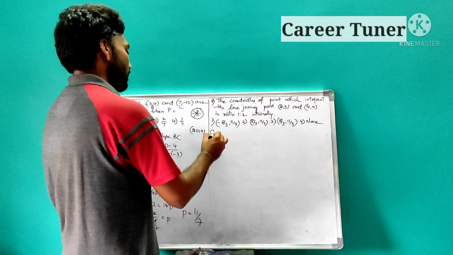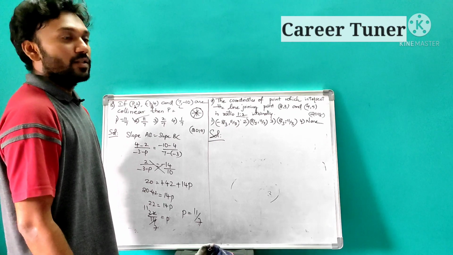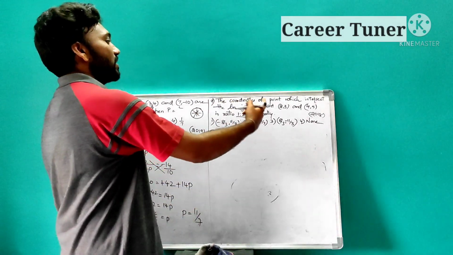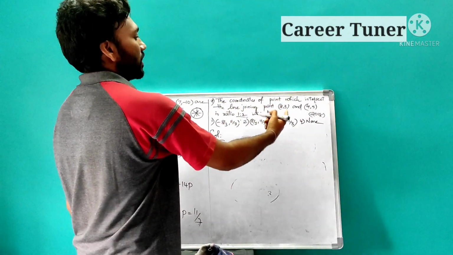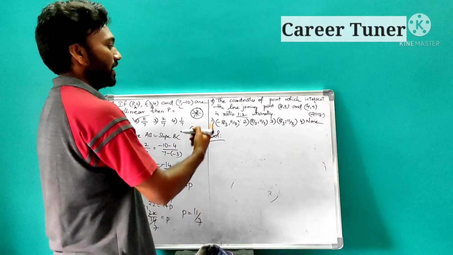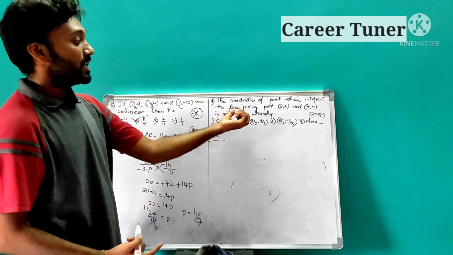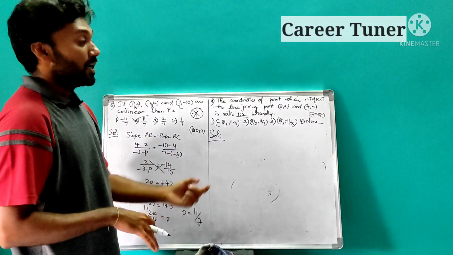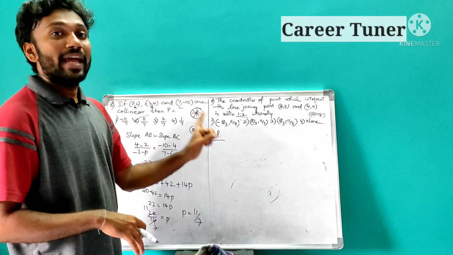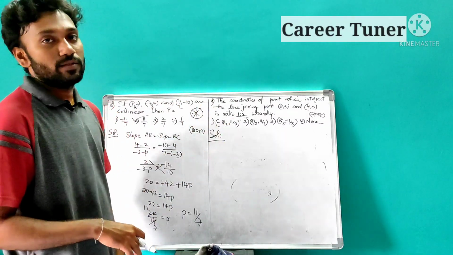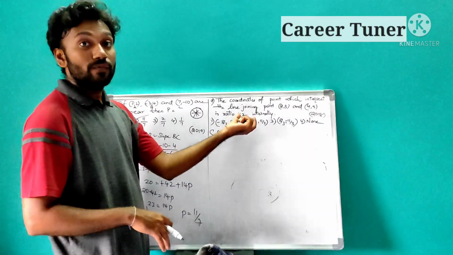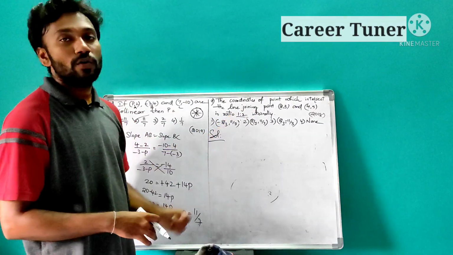Now next solution. Now look here. So coming to the next question. The coordinates of the point which divides the line joining the points (2, 3) and (4, 5) in the ratio of 1:2. Here we don't require any ratio. Previously we asked about ratio, then we utilized the formula x1 minus x is to x minus x2. Okay, but here we don't require the ratio. We need the point which is dividing in the ratio of 1:2.